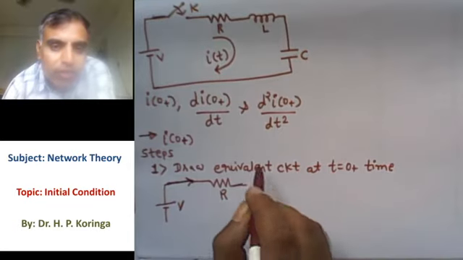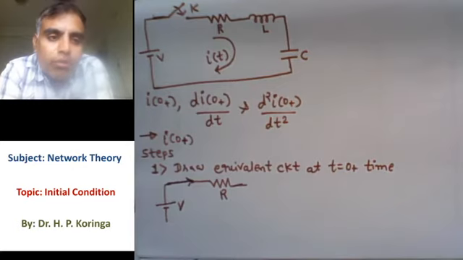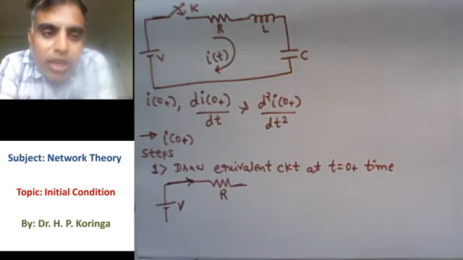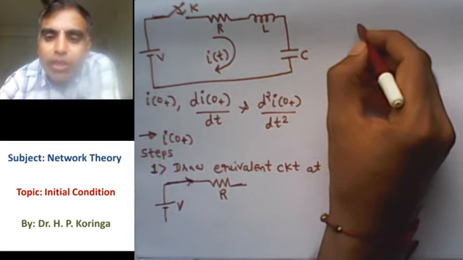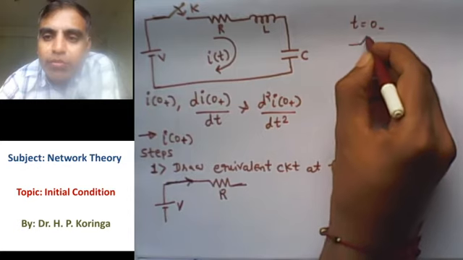What about the inductor? When replacing an inductor, before that we have to check whether this inductor is charged at t equal to 0 minus or uncharged. For that, we have to draw the network at t equal to 0 minus time. So at t equal to 0 minus, the switch is open.